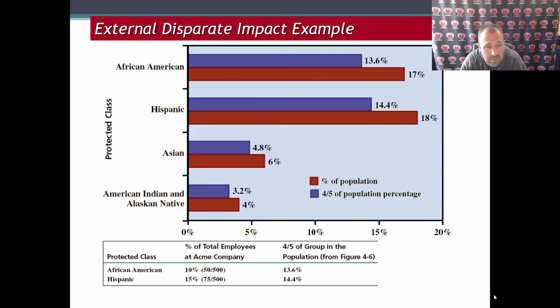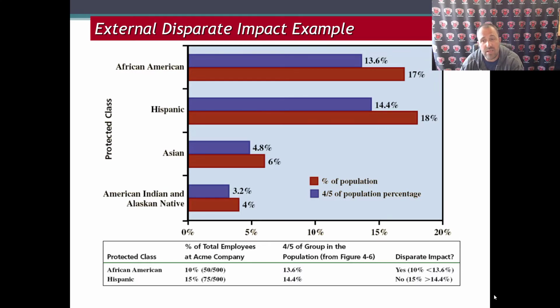So at this particular company, our utilization rate for African Americans is at 10%. Of our 500-person company, we have 50 that are African American. Of our 500-person company, we have 75 that are Hispanic, so about 15%. So 4/5 of those availability numbers, right? You can see it in the blue there, gives us our cutoff rate, and it says in this case for African Americans, we are utilizing African Americans at a rate of 10%.